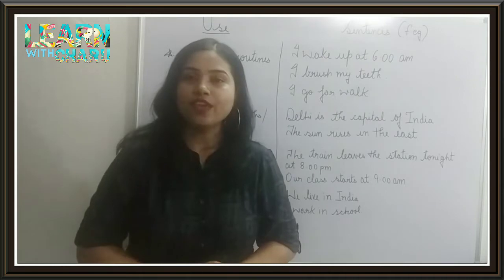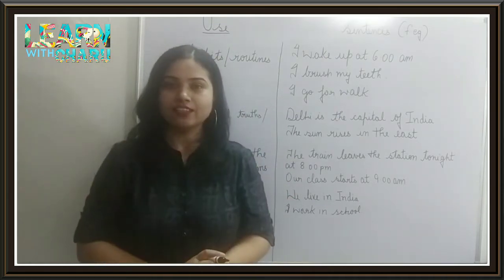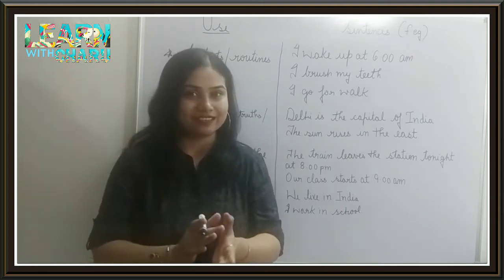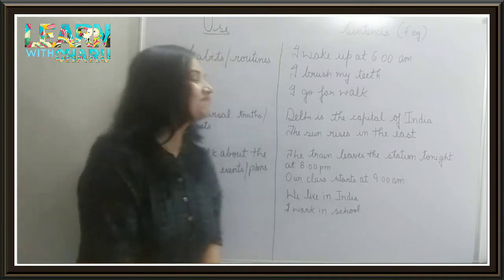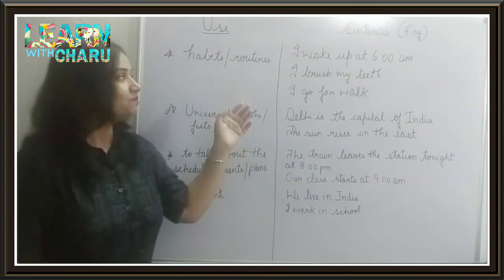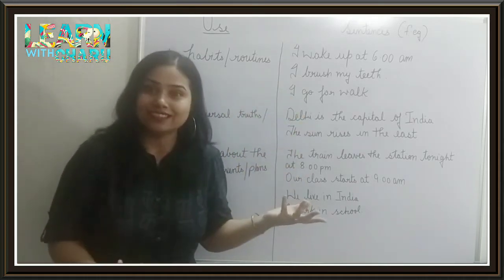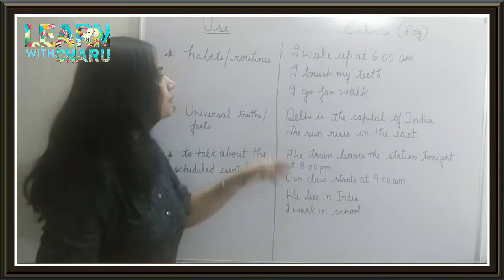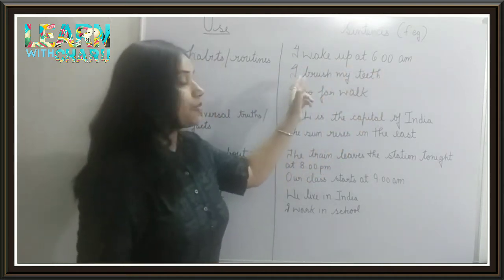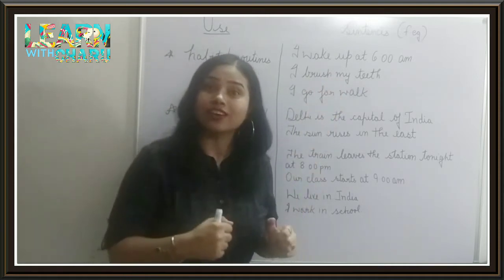So now here we have 4 different situations where we can use simple present tense. Let's see. We use simple present tense to talk about our habits and routines. For example, I wake up at 6 a.m. I brush my teeth. I go for a walk.